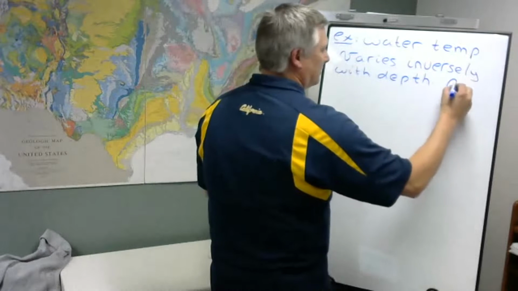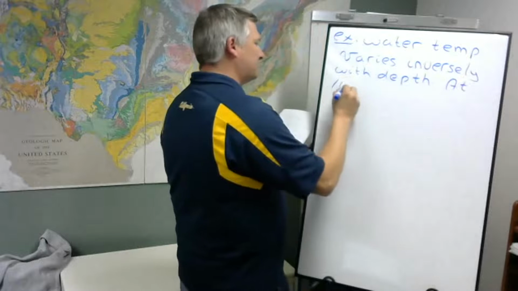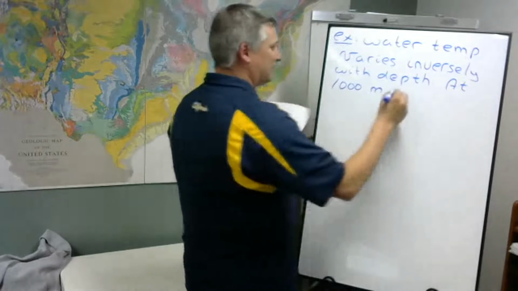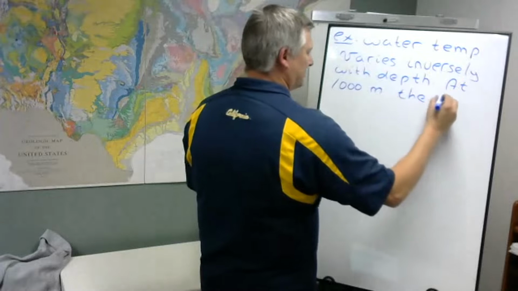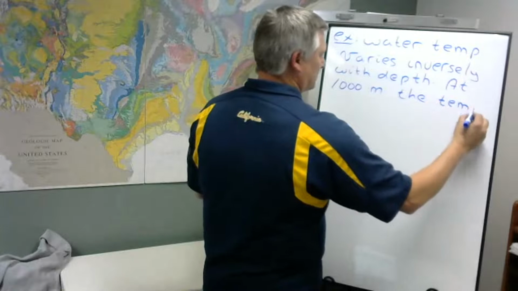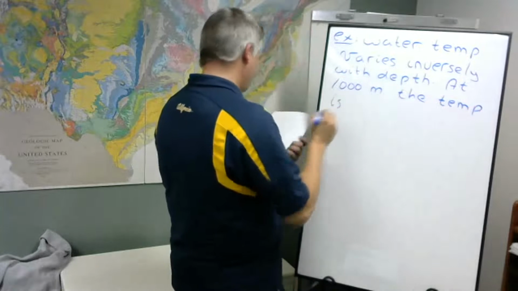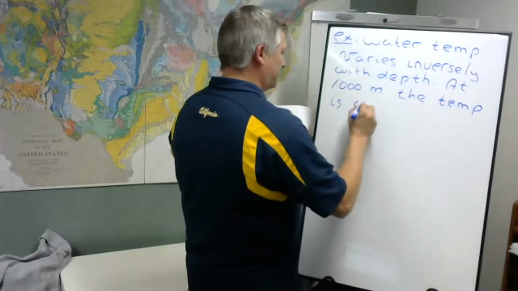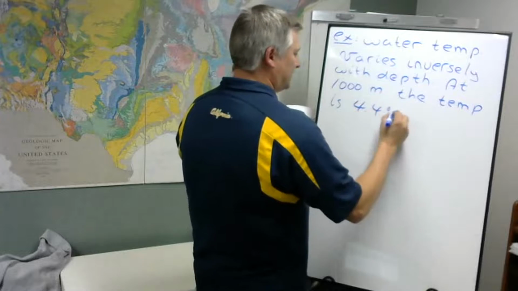So say at 1,000 meters, say this is in the middle of the ocean, the temp that's going to be 4.4 degrees Celsius.